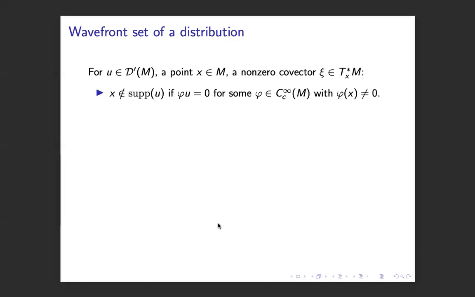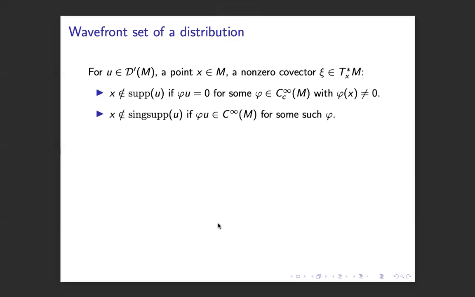So a point is in the support of a distribution unless you can multiply it by a smooth, compactly supported function which is not zero at this point and get the zero distribution. This says that you might have stuff happening far away from x, but if you localize to a neighborhood of x, you're zero.